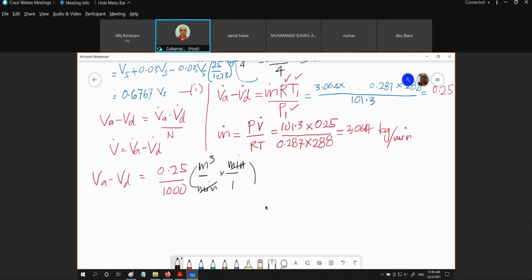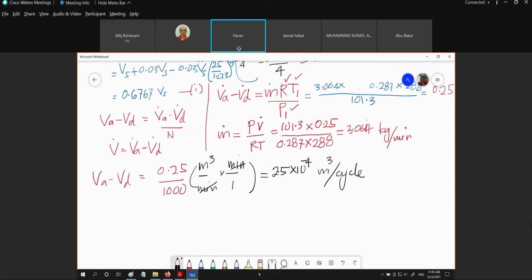So the minute is cancelled off, and we get this as meter cube per cycle. Okay, so how much is that? 2.5 times 10 to the power of -4, sir. Okay, so this should be our equation number 2.